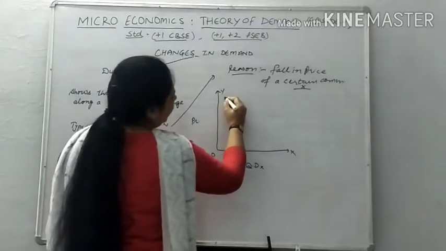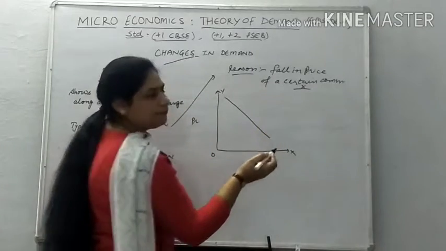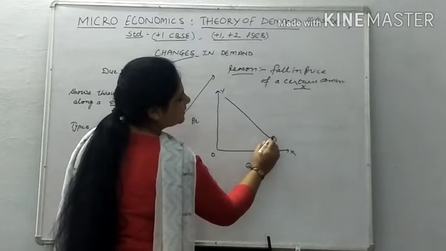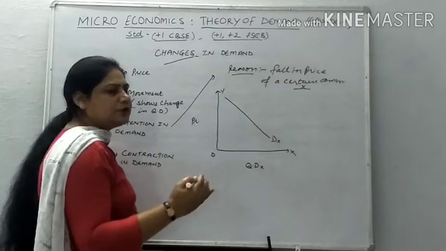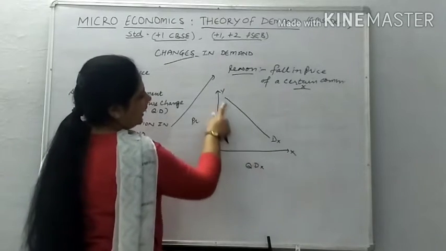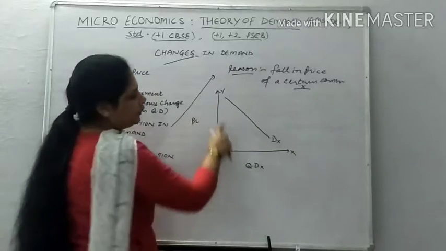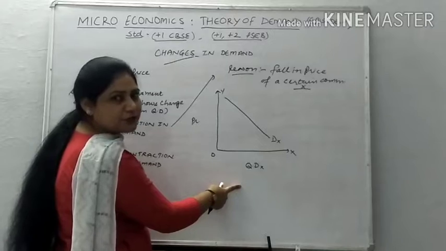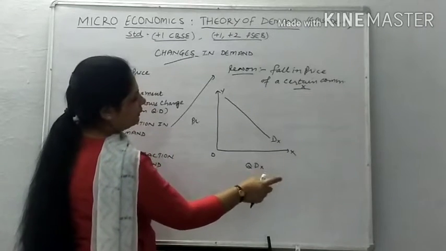According to the law of demand that I have shown in my previous video, this is the demand curve for commodity X, meaning a consumer wants commodity X. The demand curve always has a downward slope due to the negative relationship between the price of a commodity and the quantity demanded.